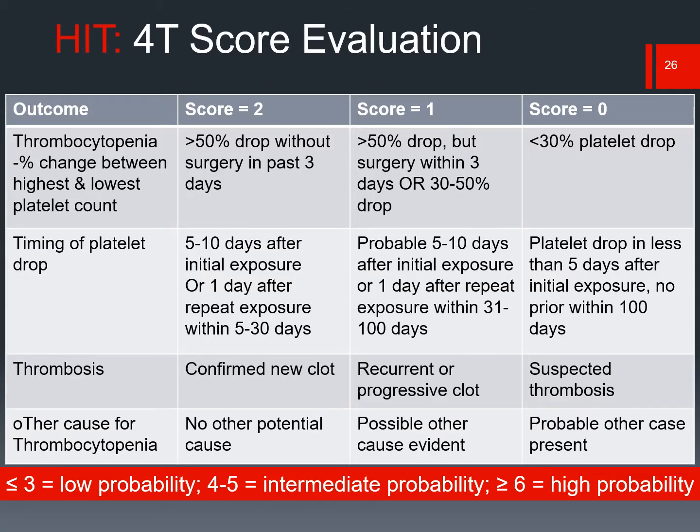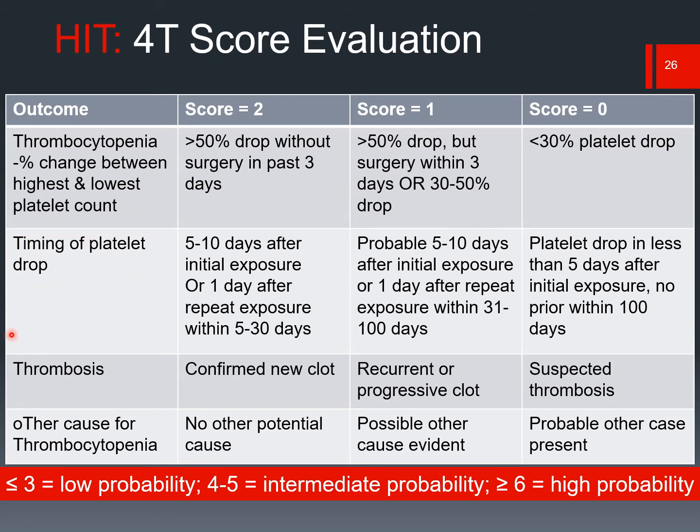Another way that we can evaluate and diagnose HIT is those 3 T's. So we have thrombocytopenia is our first T, and that can be scored based on the significance of the drop in platelets. So we have a score 0 through 2, where higher is higher risk for HIT. We have the timing of the platelet drop.